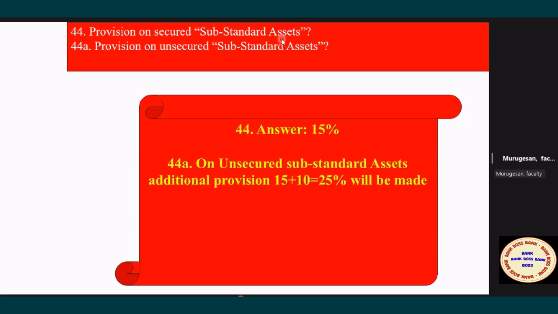So here the rules are very simple. Earlier some confusion was there, so RBI has clarified. Suppose it's a secured substandard, just provide 15%.